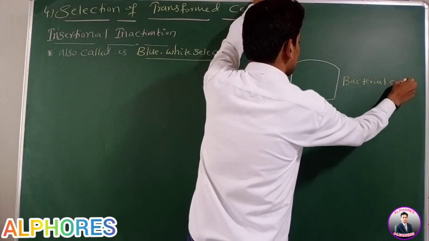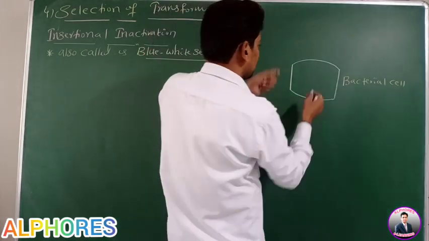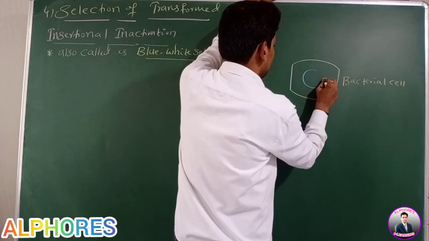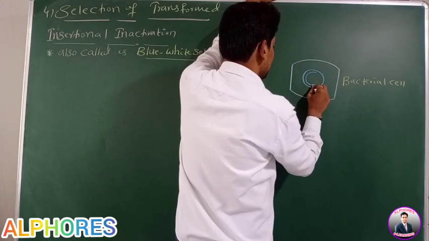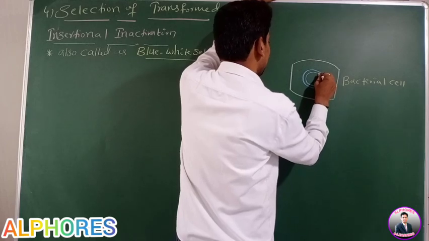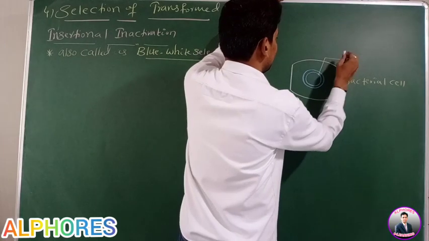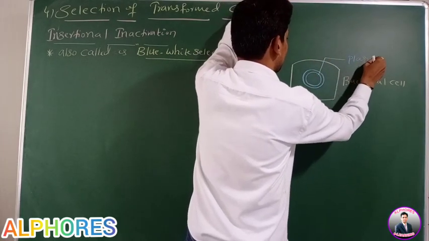In this bacterial cell, for example, this is a plasmid. Plasmid means double-stranded DNA.